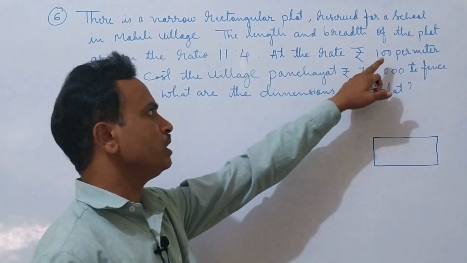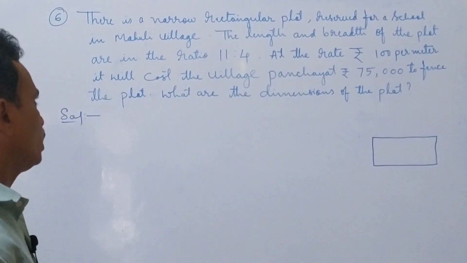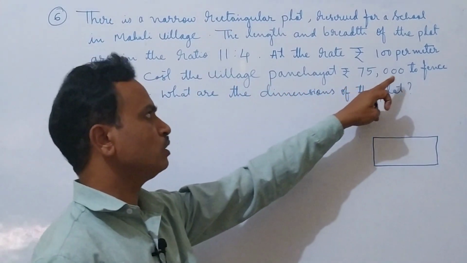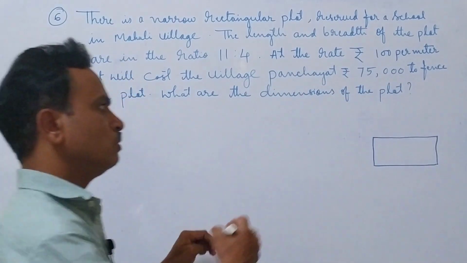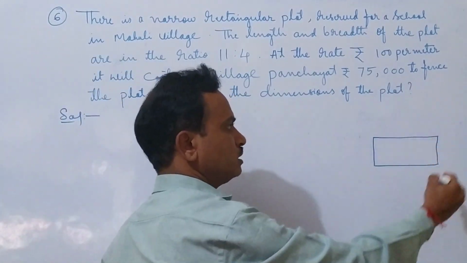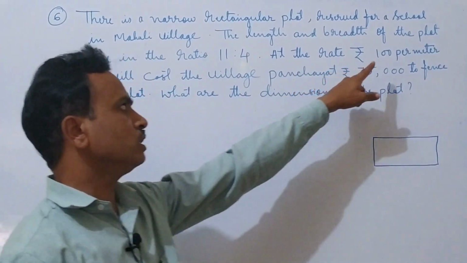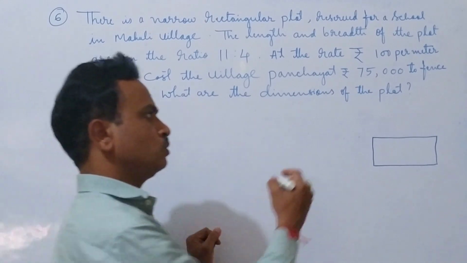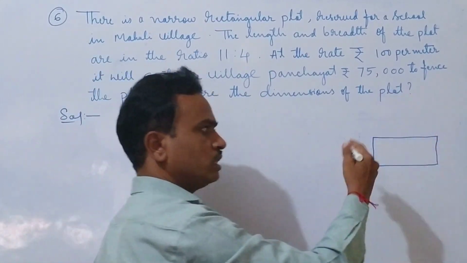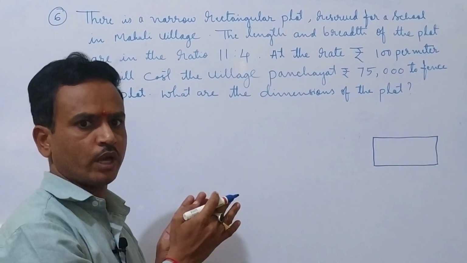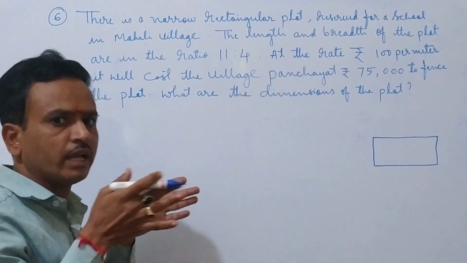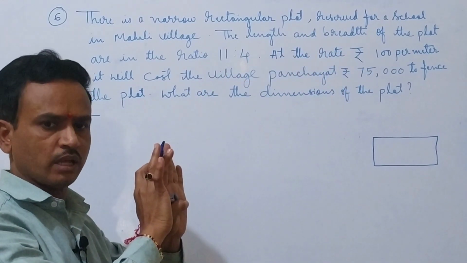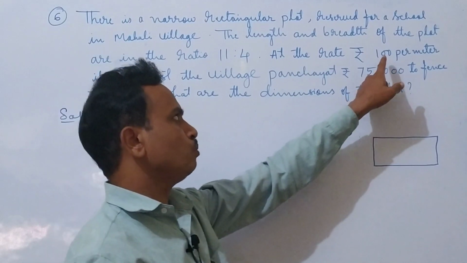At the rate of rupees 100 per meter, it will cost the village panchayat rupees 75,000 to fence the plot. To fence means to cover that area by taking wire and covering it.